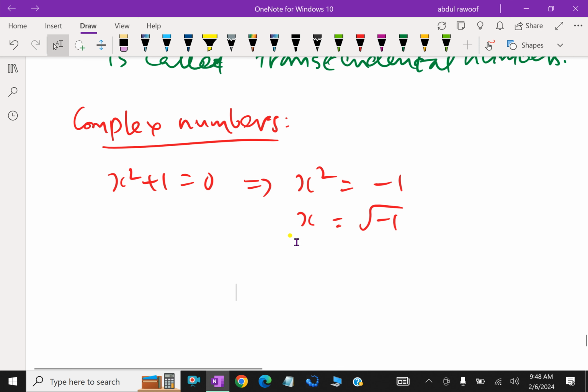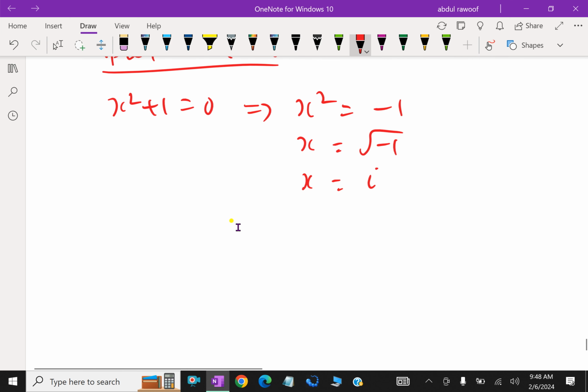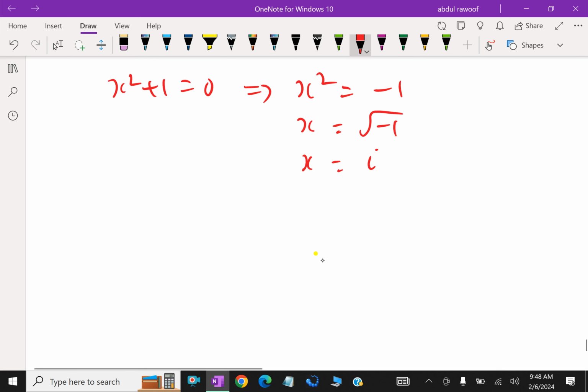The square root of a negative number is not a real number, so it is a complex number, which can be expressed as i, that is, x has the solution i. Square root of minus 1 equal to i is a solution.